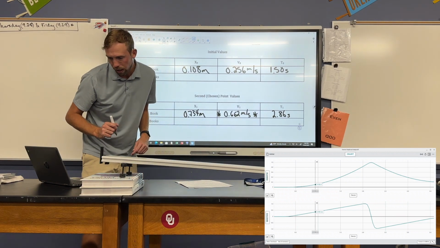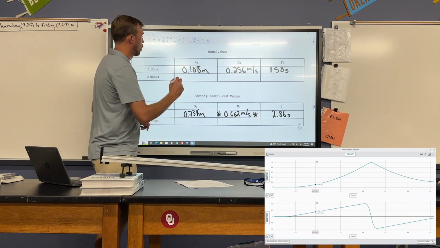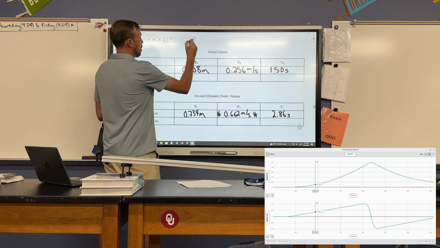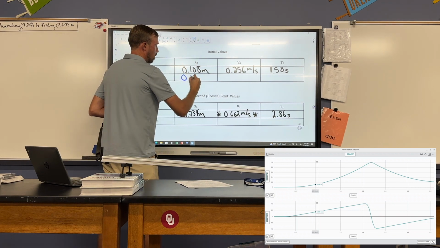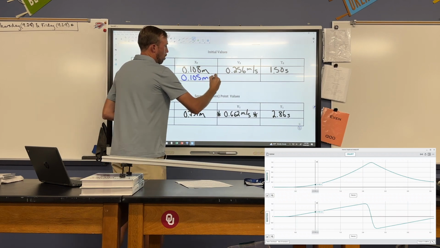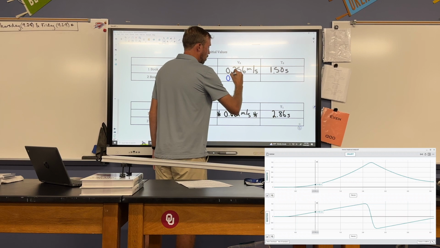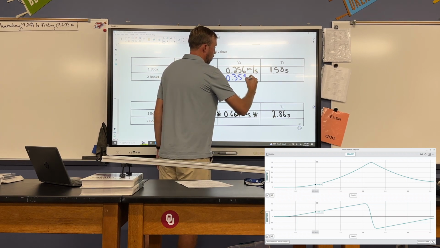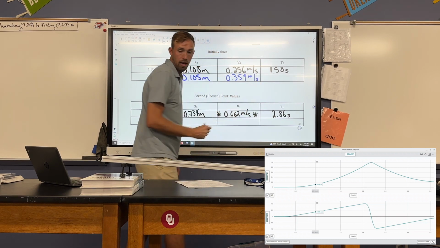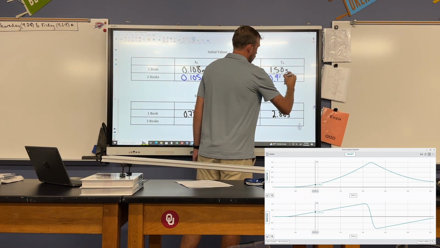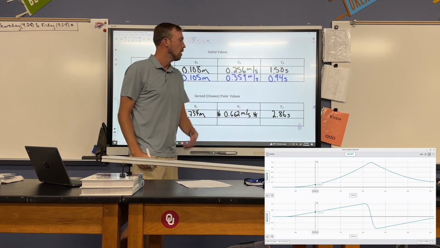Initially, for my 2 book trial, I'm going to try to do this in a different color, so I have a little bit of a distinction here. The position is 0.105 meters. My velocity at this point is 0.359 meters per second, and the time was 0.94 seconds. A little bit less of a delay here.